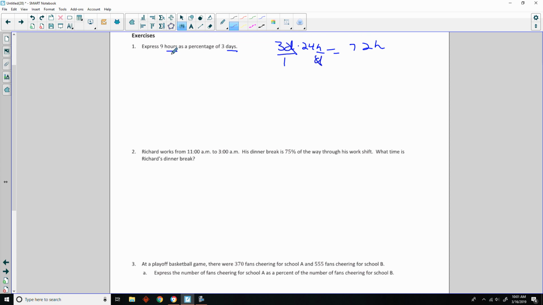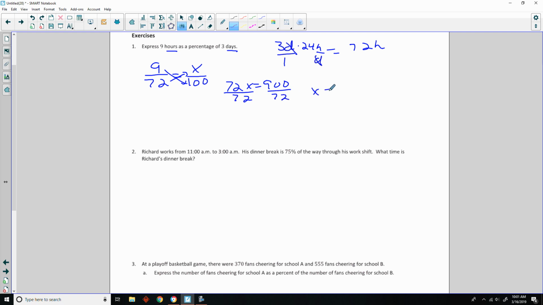Okay, so now we want to know what 9 hours is to 72 hours when the 72 hours is 100%. What percent is 9? So I cross multiply. 72x equals 9 times 100. Divide both sides by 72.